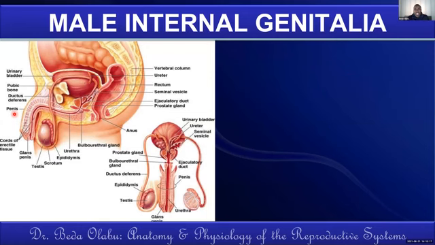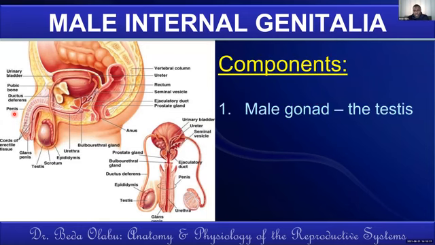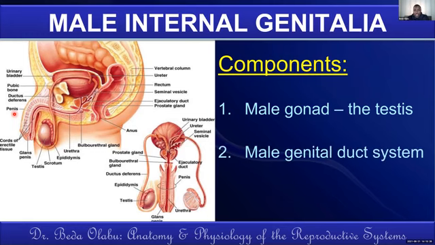And for internal genitalia, I told you that we can divide the components into three: the male gonad, which is known as the testis; the male genital duct system, which is the path followed by semen from the testis to the exterior; and the male sex glands, which are the structures responsible for producing semen. So these are the three categories of components of the male internal genitalia.